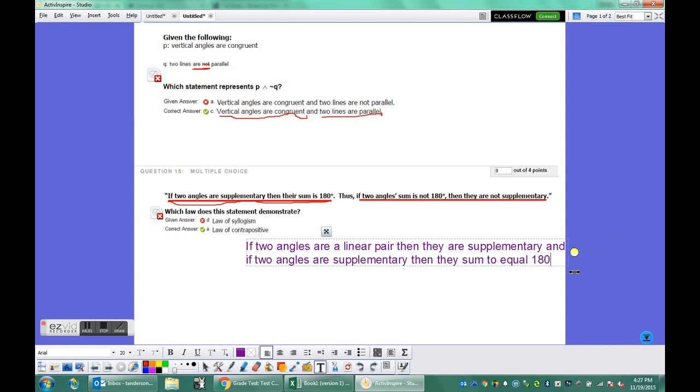So if I was doing law of syllogism, my conclusion would be thus, if two angles are a linear pair, then they sum to equal 180.